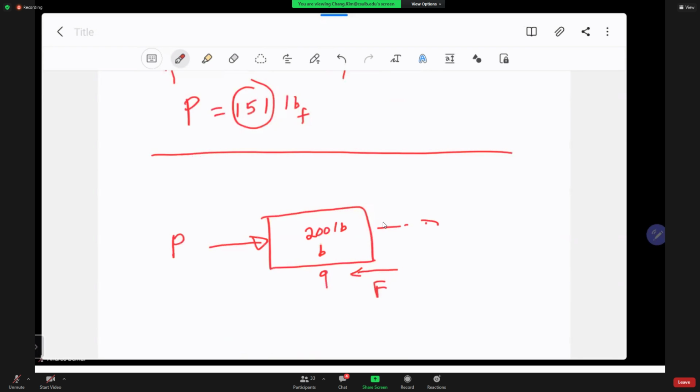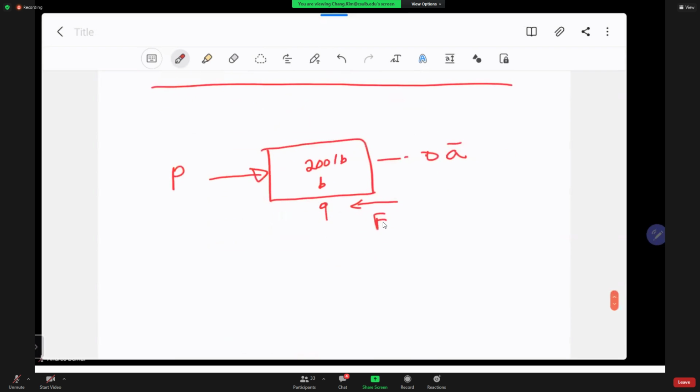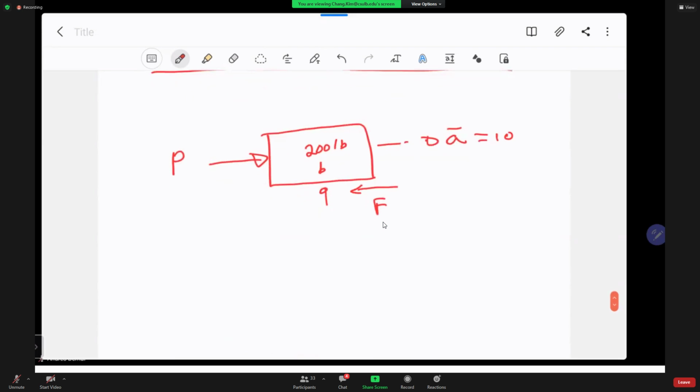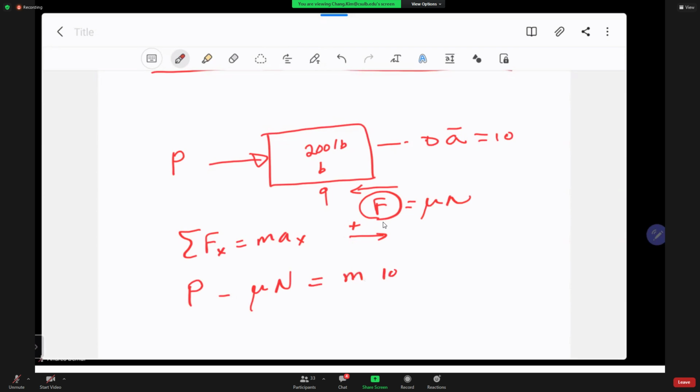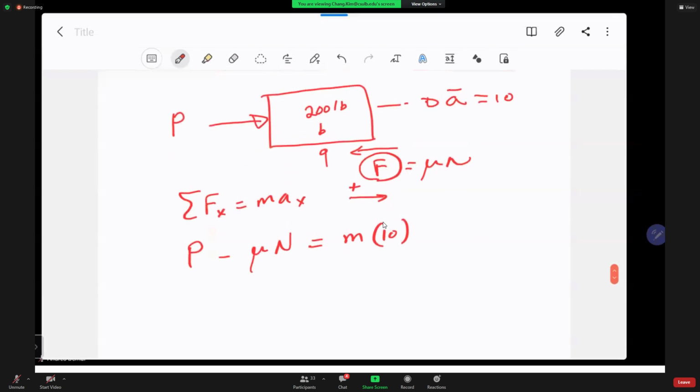And I want to accelerate this guy to the right with about 10. So summation of the force in x direction equal to MAX. And the force to the right would be positive. P is positive. The friction force comes in as mu N is equal to m times the acceleration 10.